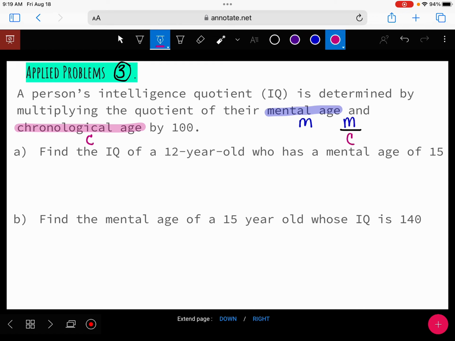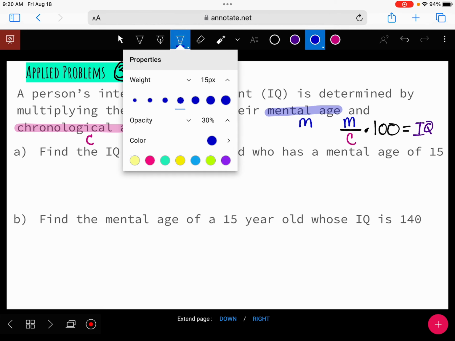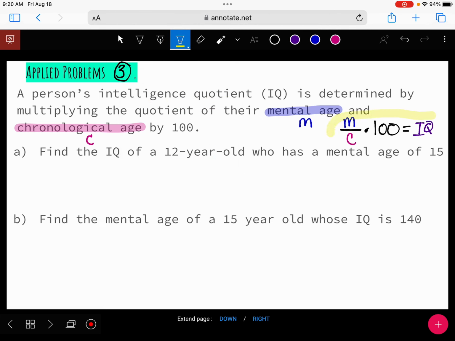M over C. And then we multiply it by 100. Times 100 equals whatever their IQ is, which that's totally an I, not a T. So you can start with like a formula. That's fine. We wrote our own formula here.